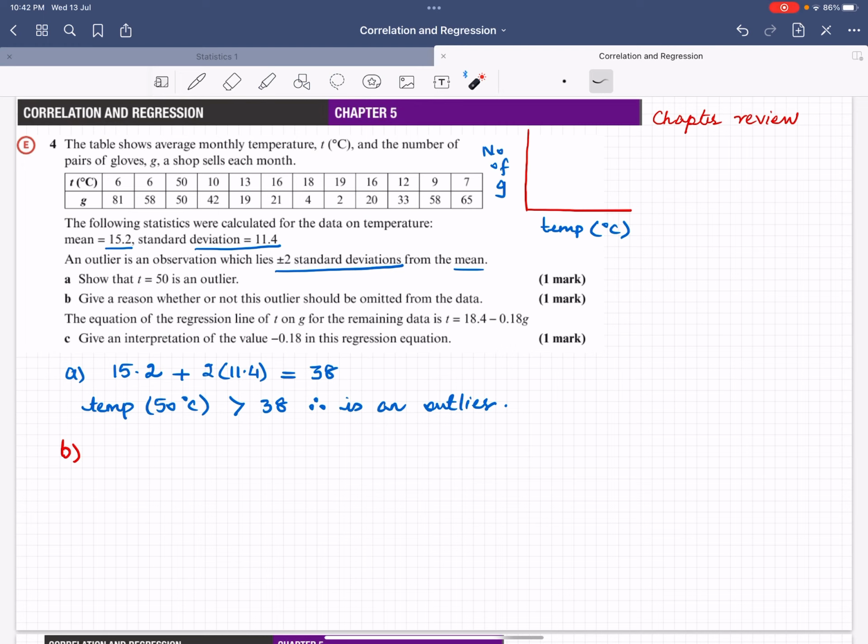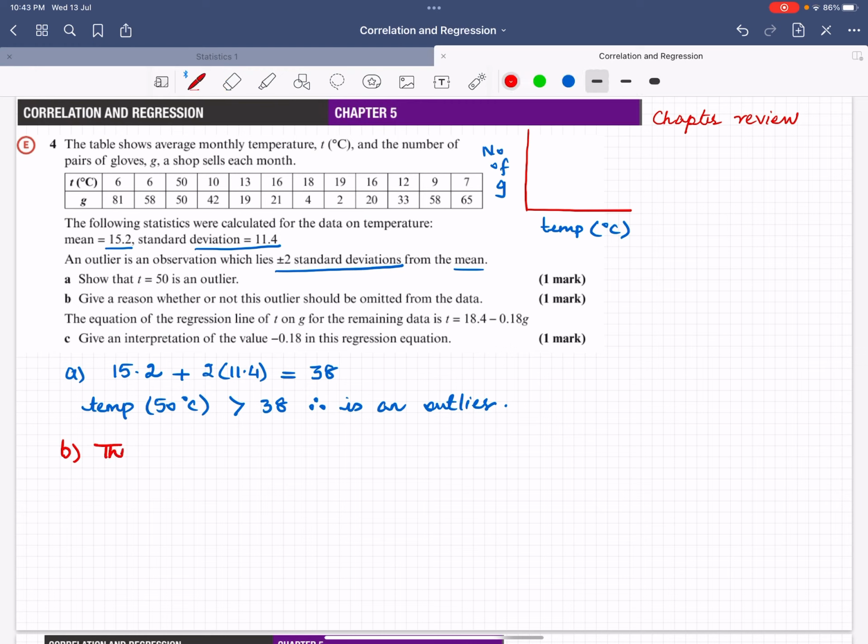If the temperature is 50 degrees Celsius, it's a very high temperature, and no one would actually go ahead and buy gloves for wearing because it's very hot. So clearly this data point is an anomaly, or it's a mistake or an error. So the outlier 50 degrees must be omitted.